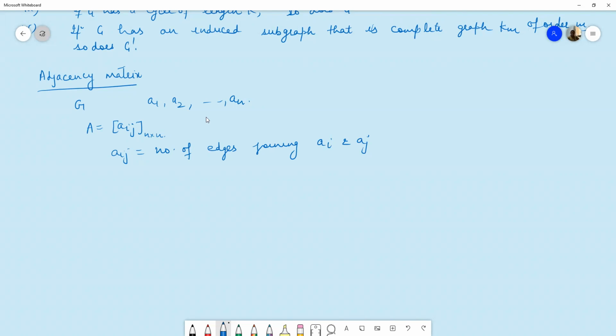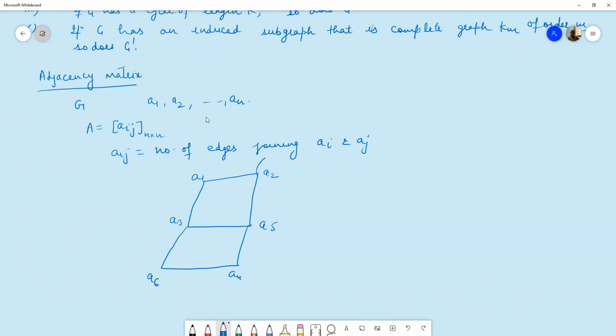So let us take this graph and we will make the adjacency matrix corresponding to it. We have 6 vertices, say this is A1, A2, A3, A4, A5, A6.